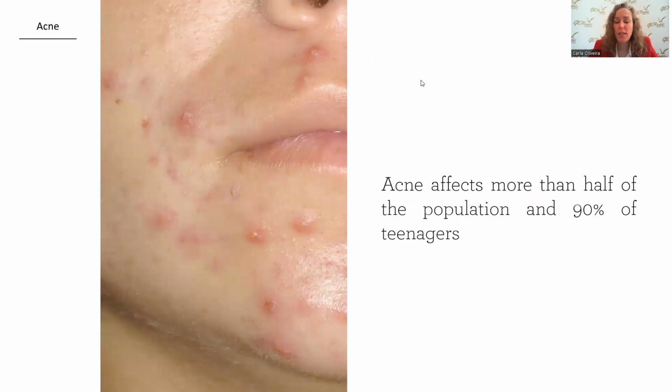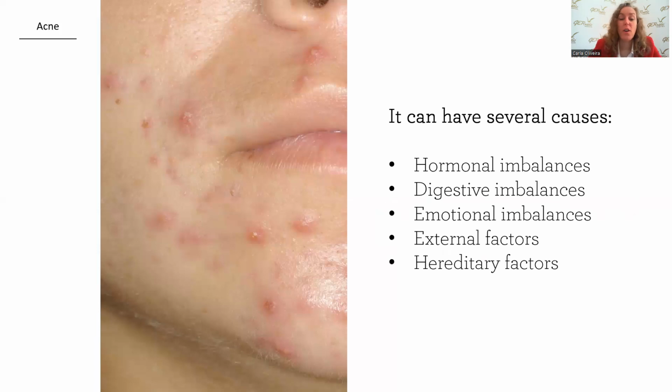The truth is that acne affects more than half of the population and about 90% of teenagers. There are many factors that can trigger the appearance of acne, and we may talk about hormonal imbalances like adolescence.